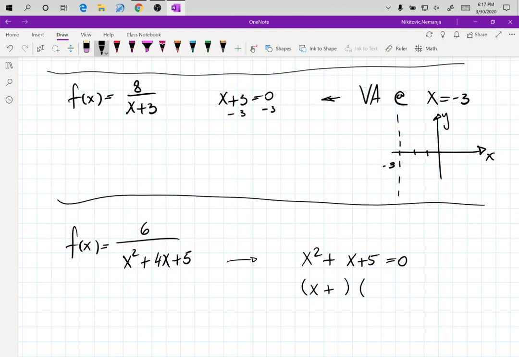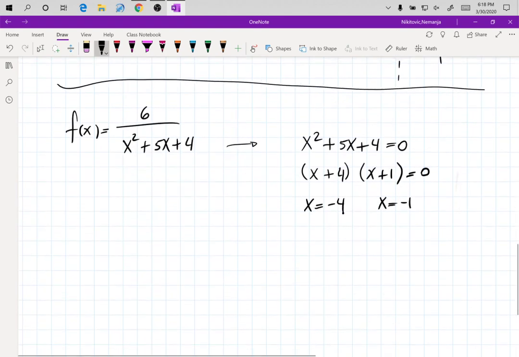Because I would need a 5 over here and 4 over here, so it factors nicely. Okay, let's switch this. I'm switching the problem so it factors nicely. There we go. So x plus 4, x plus 1, nice. And now x equals negative 4 and x equals negative 1.